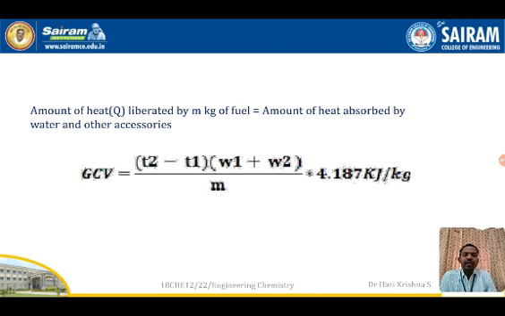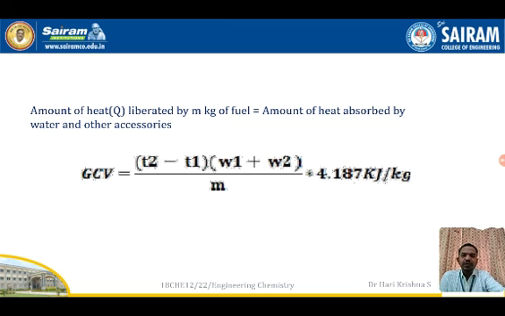So 4.187 is the conversion factor. When you multiply the value in calories per gram, a CGS unit, by 4.187, it becomes an SI unit.